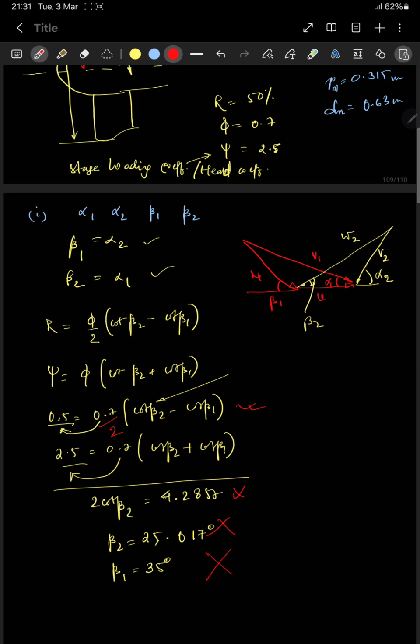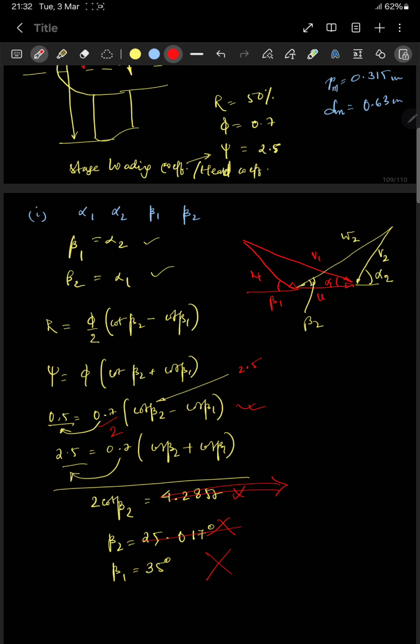So 2 cot beta 2 will be 0.5 divided by 0.7 into 2 plus 2.5 divided by 0.7, divided by 2.5. Okay, so shift tan inverse.